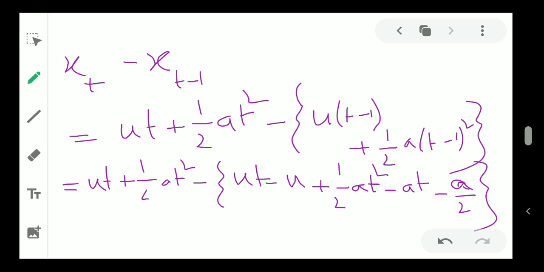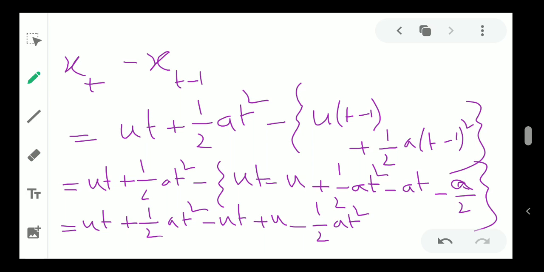And you can see that there is a minus here also. So if you just take this out, this will be ut plus u minus half at square plus at plus a by 2.